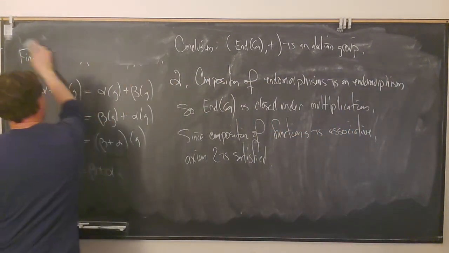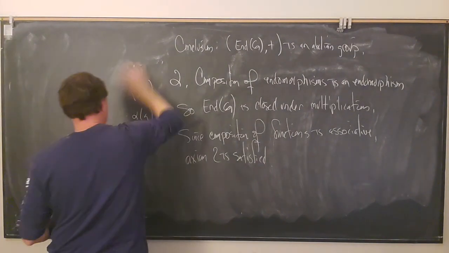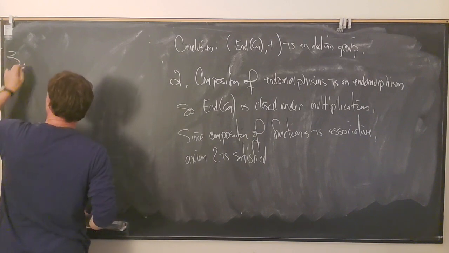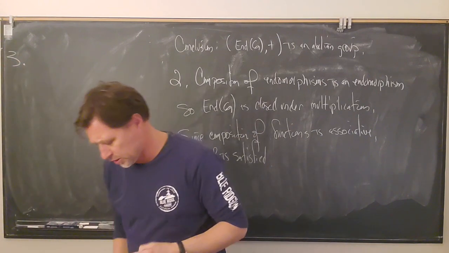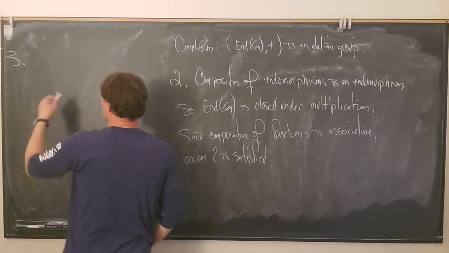All right, there's one more axiom, and that's the distributive properties. Let's just check one of them. We just have to crank it out now.